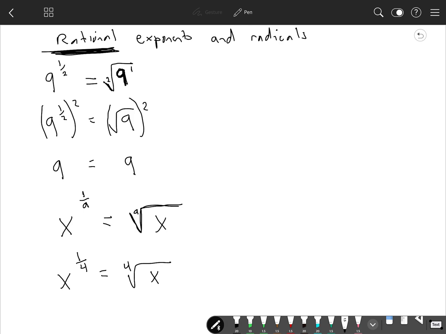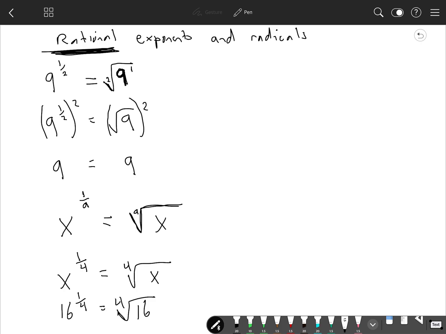And if you wanted to do this without the variable, we could plug in a number that might work well. Let's go 16. 16 to the 1/4 equals the 4 root of 16. Let's talk about this for a minute.